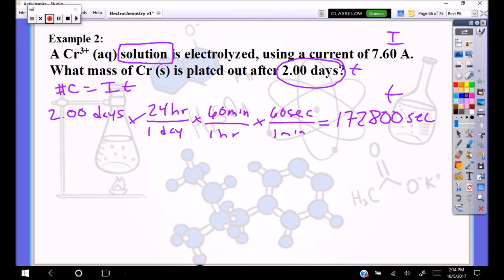All right. So in this case, since it's solution, there's nothing else in this solution, so we can assume that our reduction reaction is going to be our Cr3+ plus our 3 electrons, and we will get Cr out at the end. What else is in our solution if we don't have any other ions?